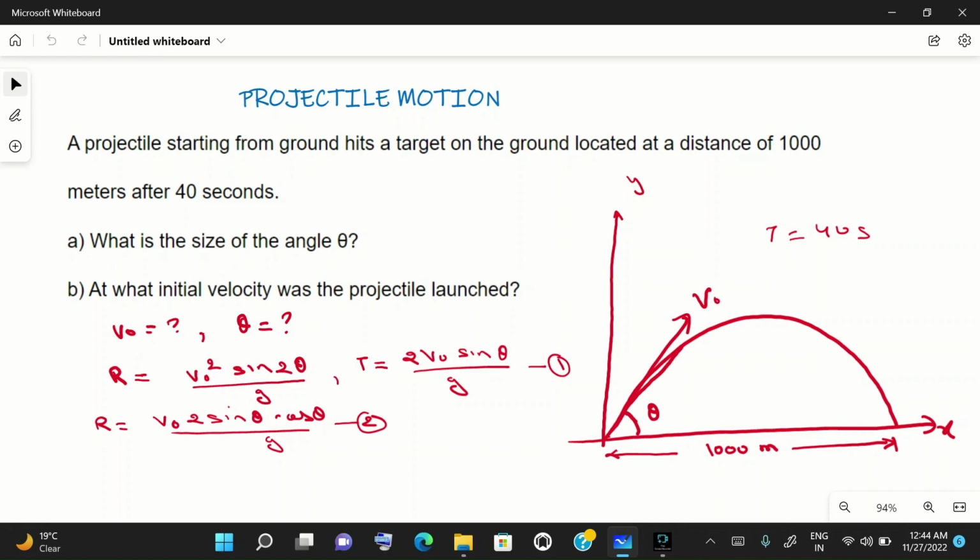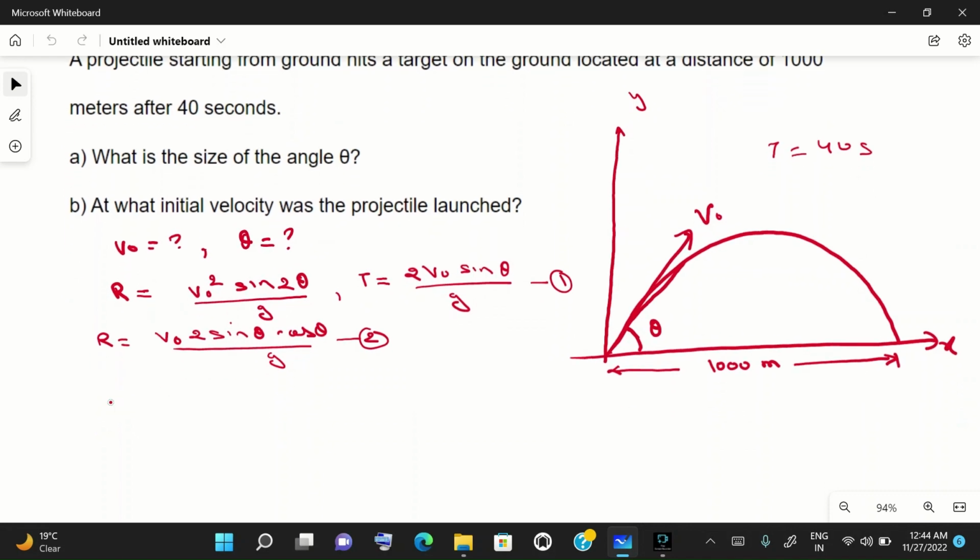If we divide equation number 1 by equation number 2, then we will get R by T is equal to v0 square 2 sine theta cos theta divided by g, and divide it by 2 v0 sine theta divided by g.